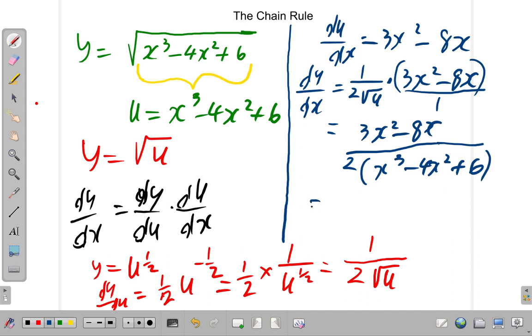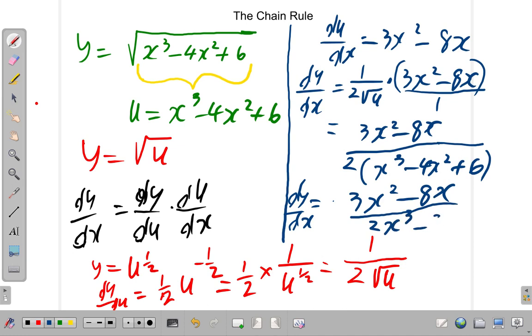And then we can say dy by dx is equal to 3x squared minus 8x all over multiplied by the 2. It's 2x cubed minus 2 fours 8x squared plus 2 sixes 12. Alright, so that's what we have.